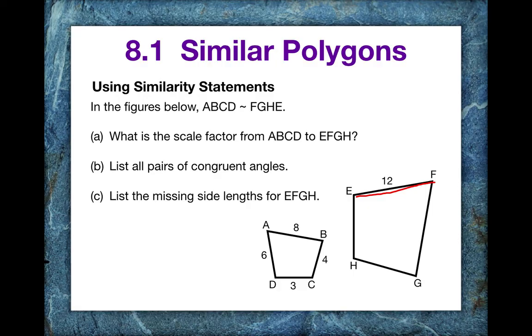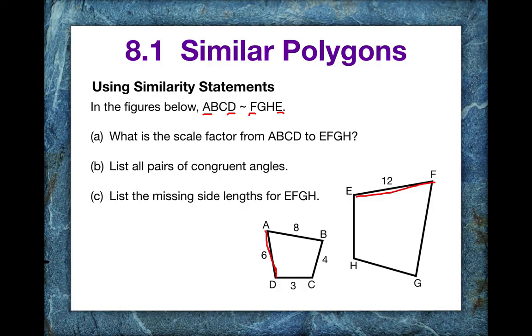What side does it correspond with in ABCD? Well, let's look back at the statement at the beginning here, and let's find that side. If I look for F and E, F is here and E is here. So that corresponds with A and D. I look down here and I'll see AD goes right here.